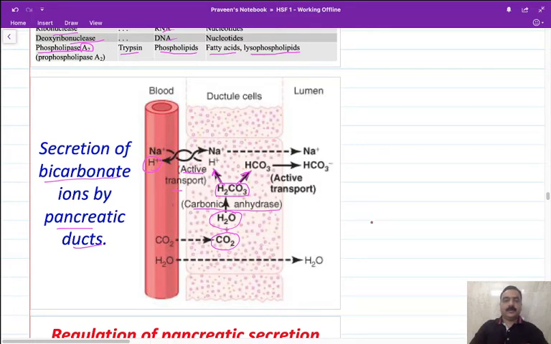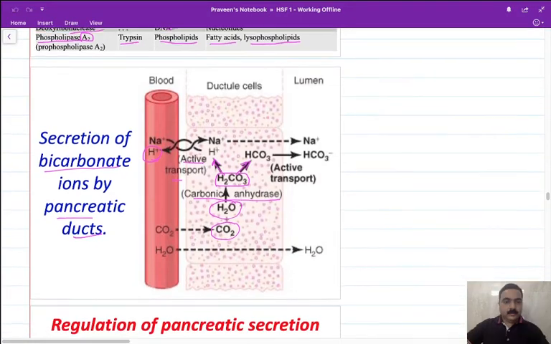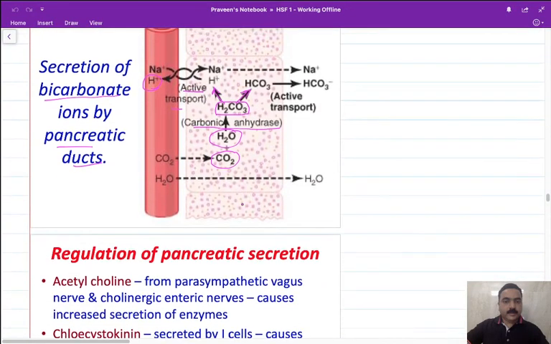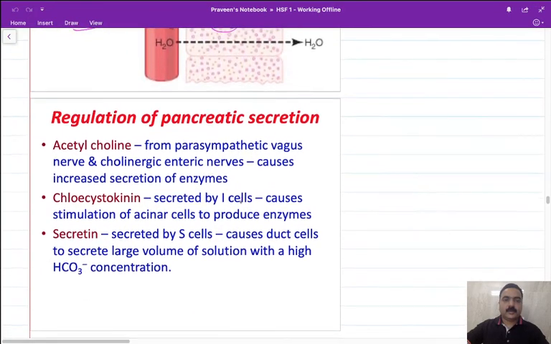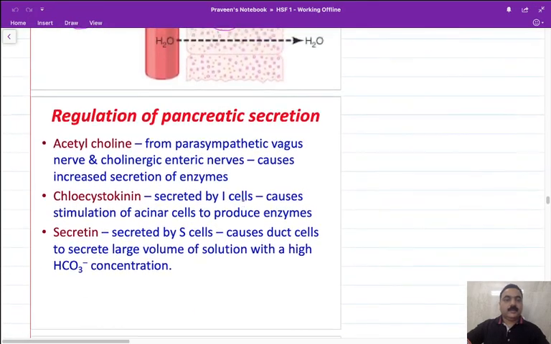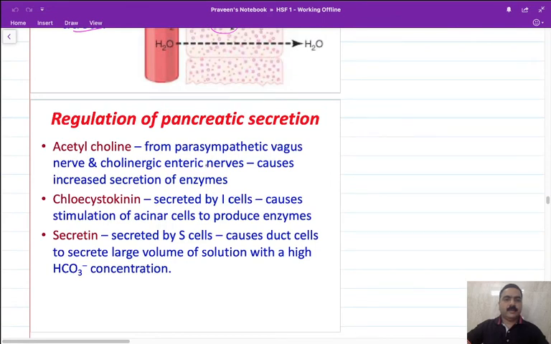Now let us see the regulation of the pancreatic secretion. How do we regulate it? Regulation of the pancreatic secretion includes mainly hormones and neurotransmitters; neuronal control is very minimal.